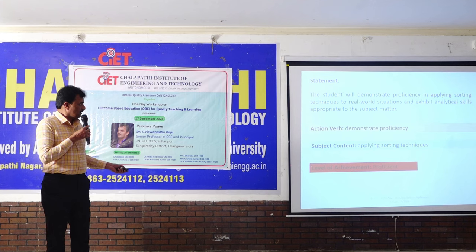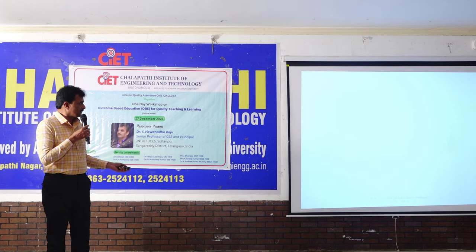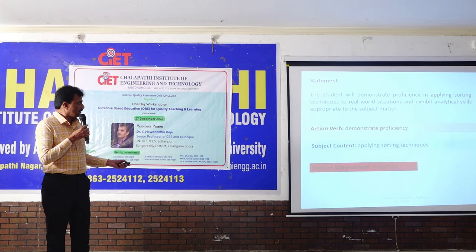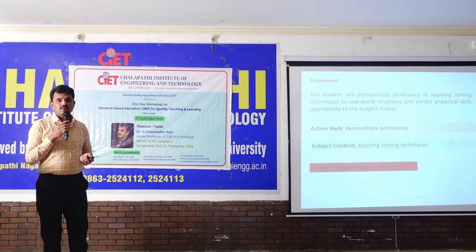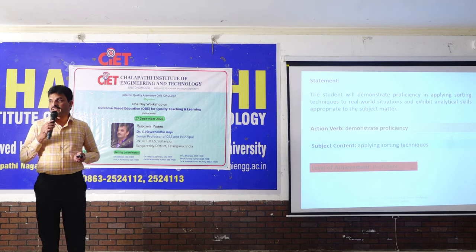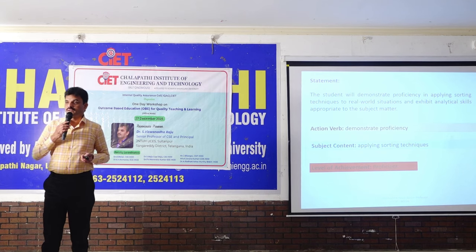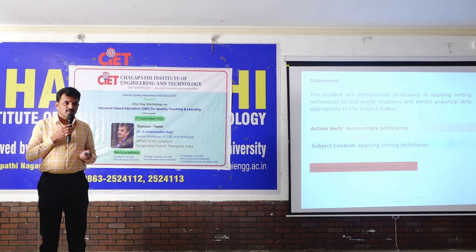Next is level of achievement. You see proficiency. Why is this a proficiency? Because of applying sorting techniques to real world situations and exhibit analytical skills appropriate to the subject matter. So like this you need to verify whether it is fulfilling the minimum 3. If more than 3, it's extraordinary, no doubt about it.